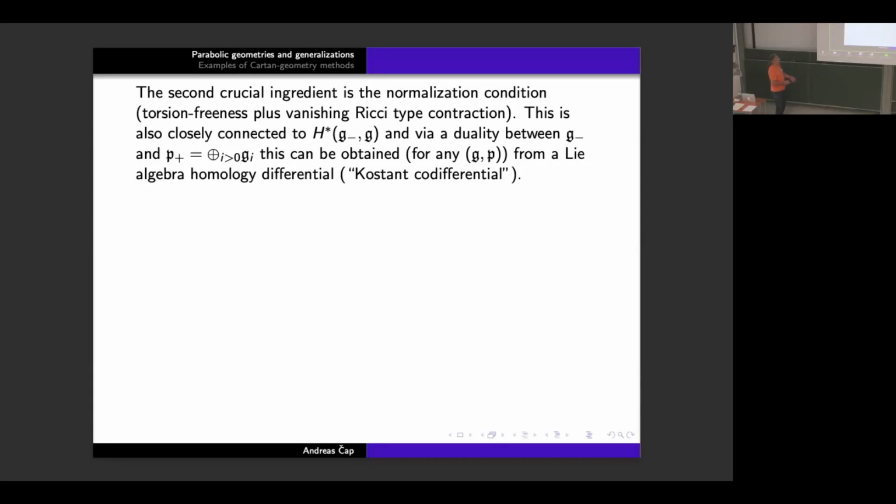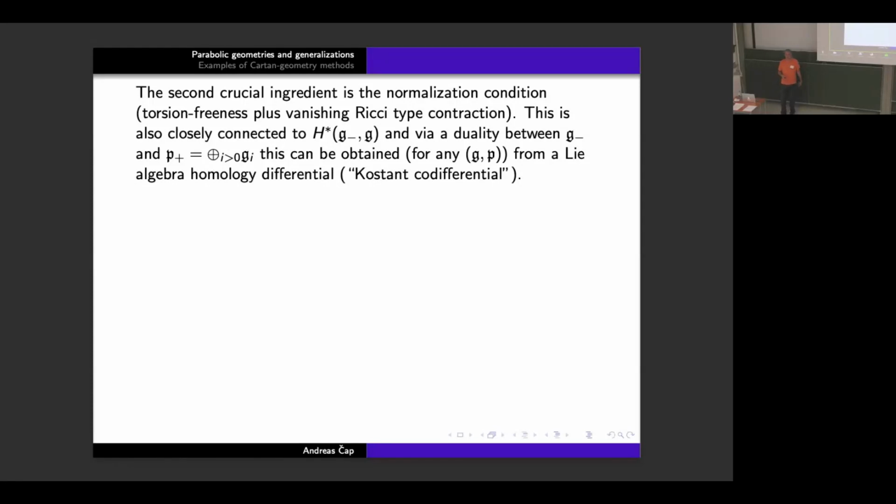Okay, and anyway, what happens is that for these semi-simple cases, also Kostant has done all the work for you. Because there is an operator that is traditionally called the Kostant codifferential, which actually admits a simple interpretation as a Lie algebra homology differential.